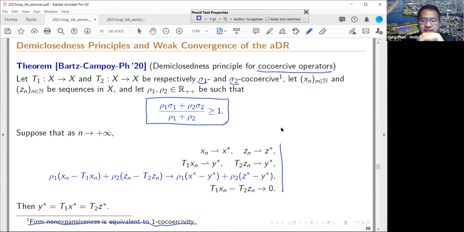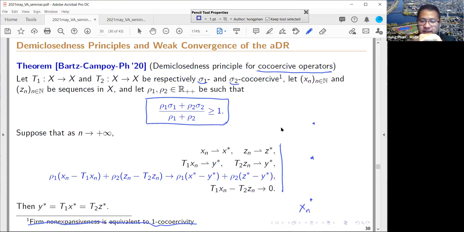The black one is precisely the one from Bauschke's result. The blue one is a modified one where we don't have the plain summation, but we weight with the parameters rho 1 and rho 2. And as you can expect from the adaptive Douglas-Rachford, we don't have equal weight.